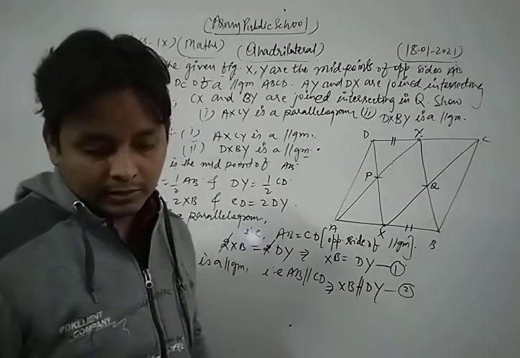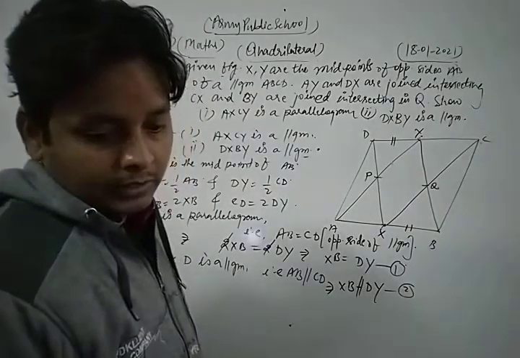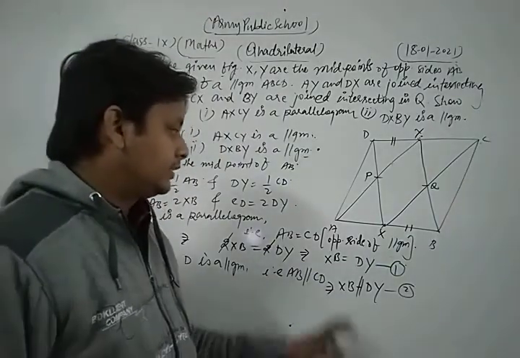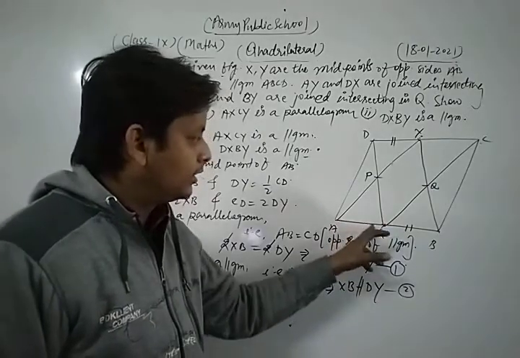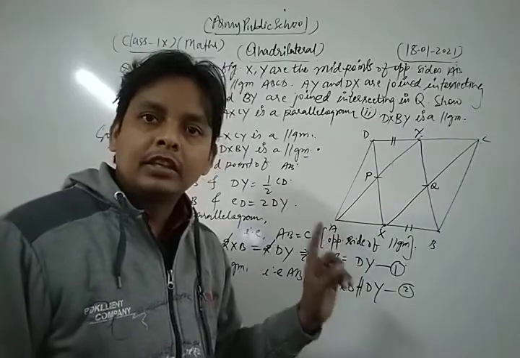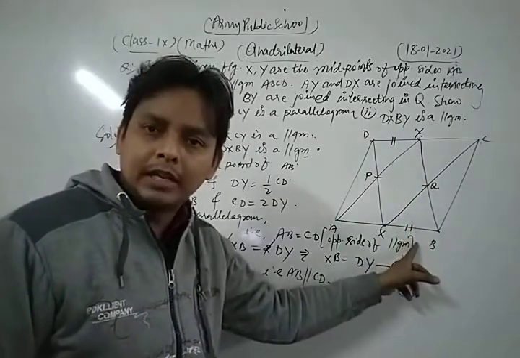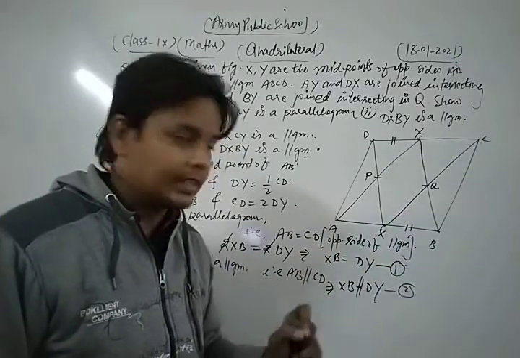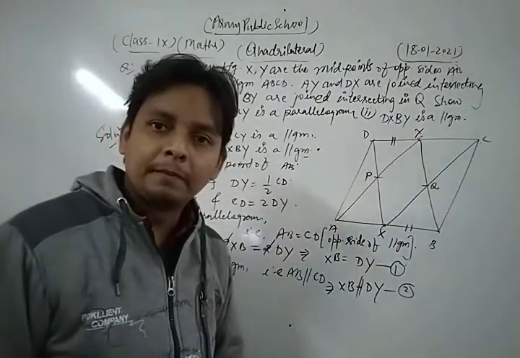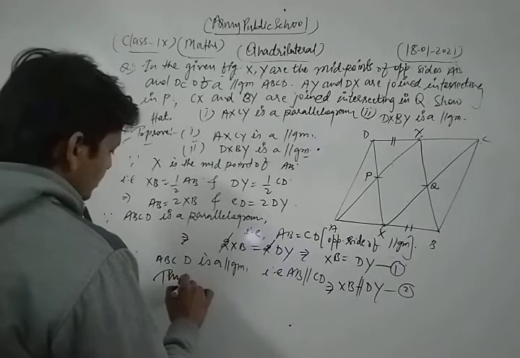Thus, dear students, using equation 1 and 2, we can say that in that figure DXBY, opposite sides are parallel as well as equal. Thus we can say that DXBY is a parallelogram.